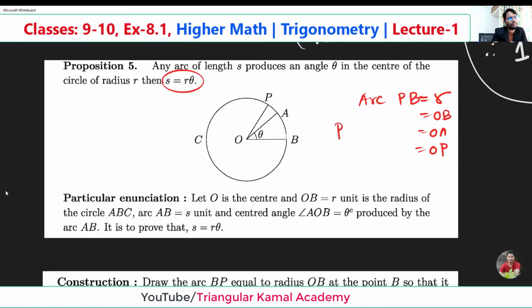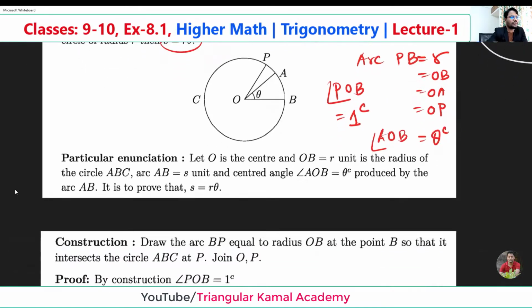So here POB angle is 1 radian angle, and AOB is any other angle. We can identify this one as theta, any other angle in radian.